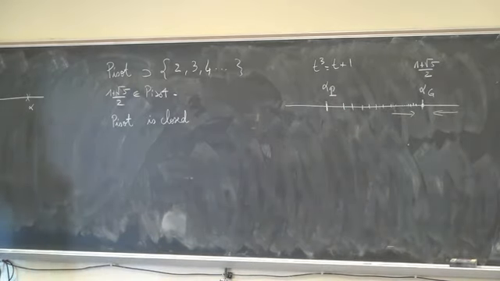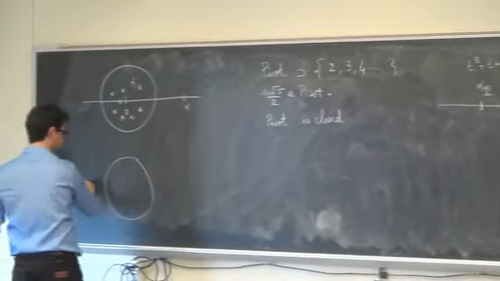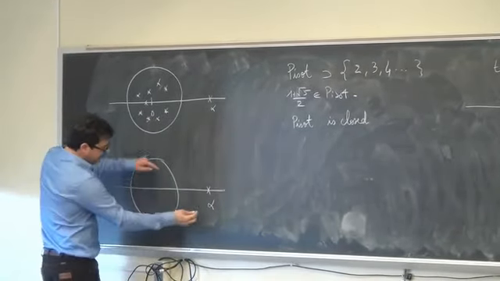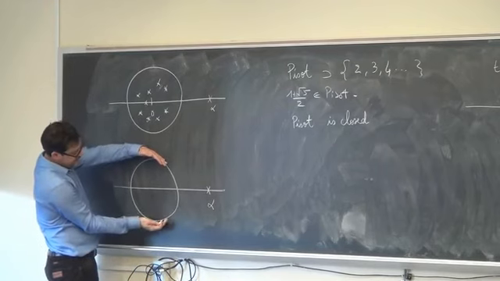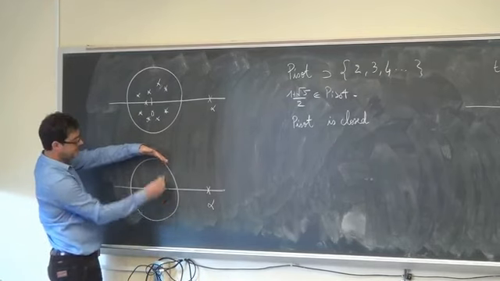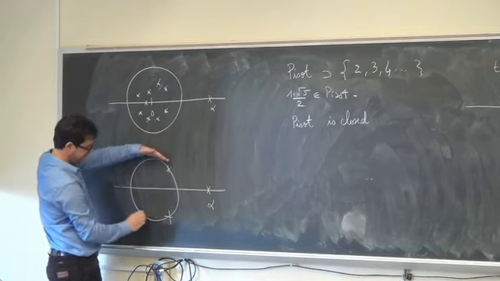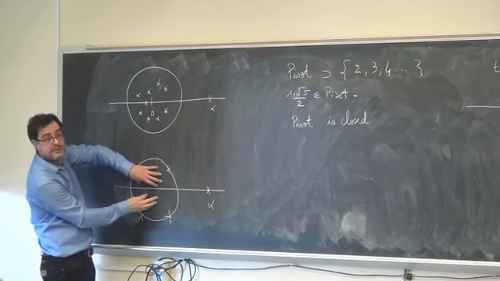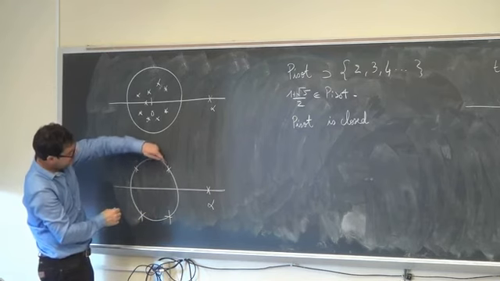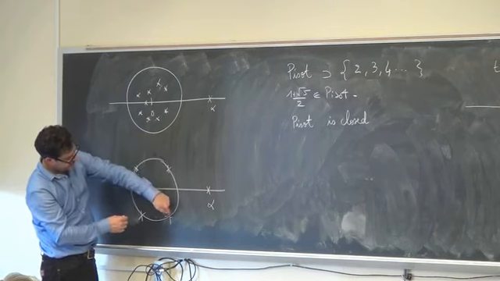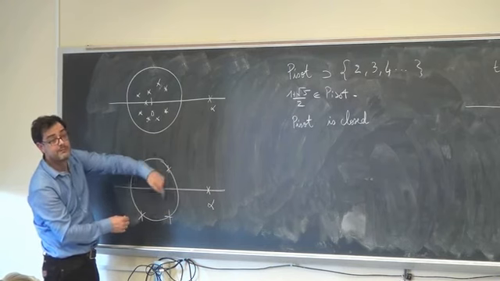So now Salem numbers. So alpha is a Salem number if all the Galois conjugates of alpha are in the closed unit disc, and some conjugate is on the boundary. So you have a point on the boundary and something inside. But you see, if you have something on the boundary, then you also have its conjugate, so you have its inverse.